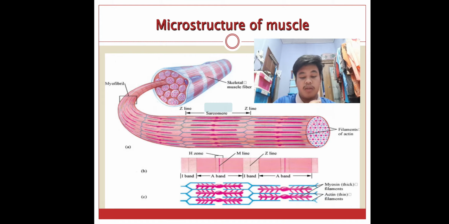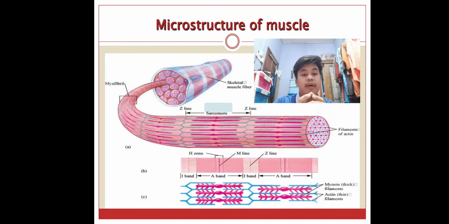The skeletal muscle fiber consists of myofibrils. In the myofibrils we can find the myosin and actin filaments.